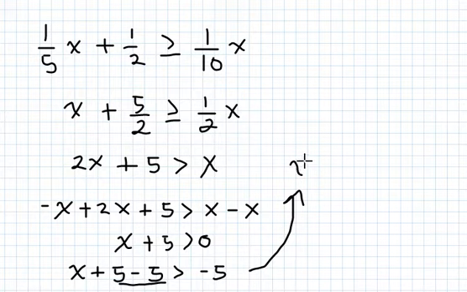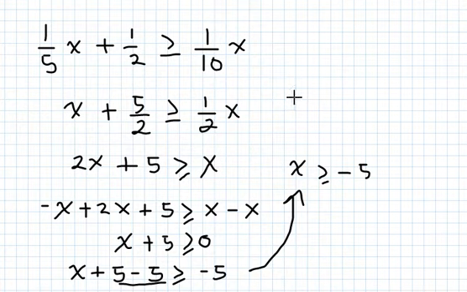So we'd be left with x is greater than negative 5. Now somewhere in here I just noticed that I have left off the other part of the inequality. So x is greater than or equal to negative 5. If you were following through, you were probably like, hey, you left that off.